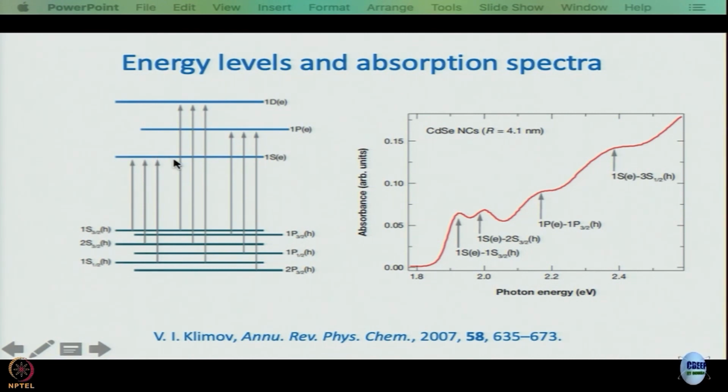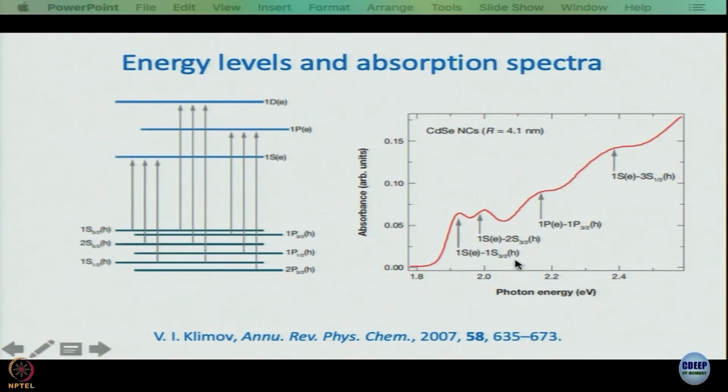One thing that may be noted is this. See, we have drawn this arrow here from 1s H to 1s E. We have not drawn a line from here. Well, we actually have drawn from here to here as well, but the point I am trying to make is that selection rules do hold here as well.